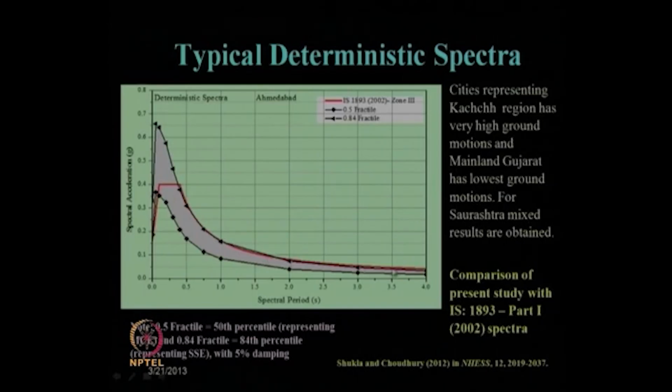In this figure we have shown the comparison of the present study, whether MCE or SSE, with respect to the IS code method, and we can easily see that our present MCE result matches very well with the IS code deterministic spectra for Ahmedabad city.